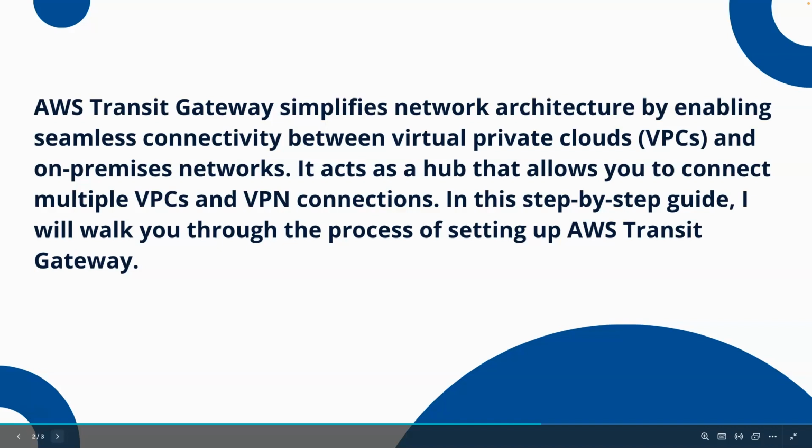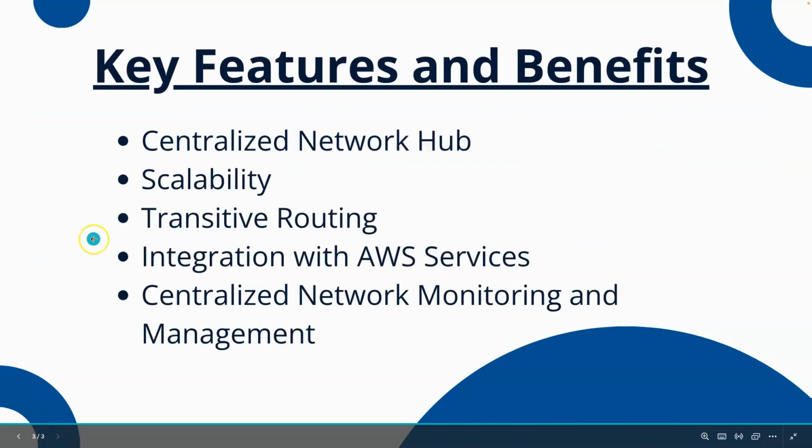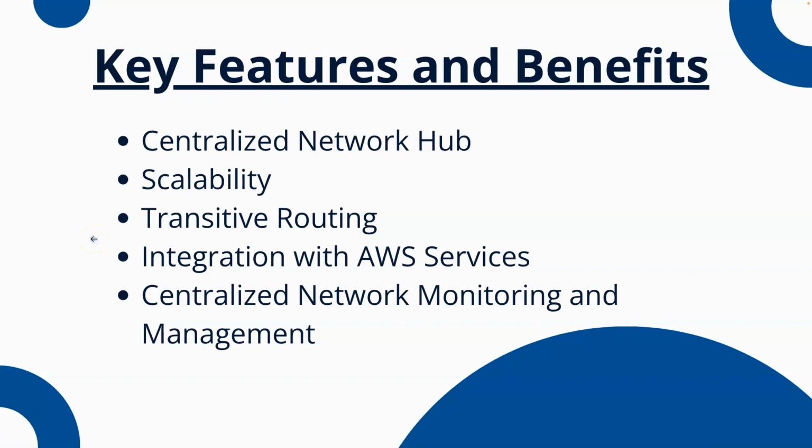But before we go into the tutorial, let's look at some of the key benefits of using AWS Transit Gateway to share resources between VPCs. So here are some key features and benefits I want to share with you.